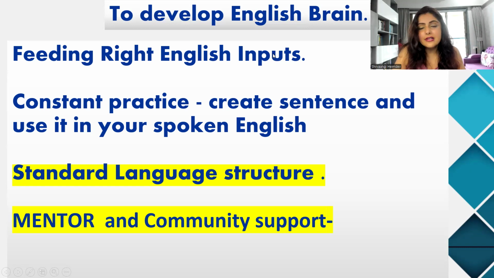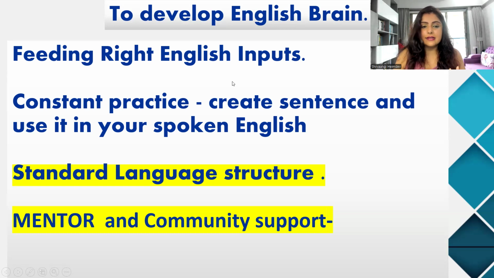Again, your mentor is the first person to identify what inputs are required to develop your English brain, because every individual is different. Some may not have problems with grammar, some may just have problems with fluency. So the mentor is the right person to decide what kind of English inputs you should give to your brain. Start feeding your brain with English inputs, that is the first thing.